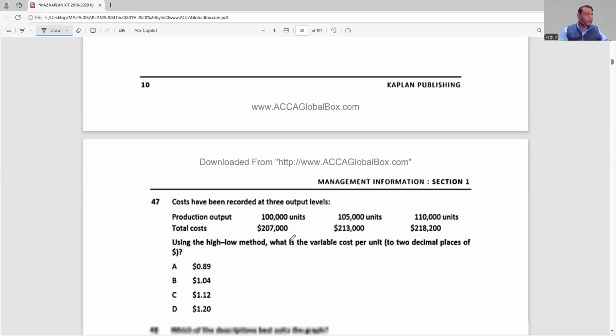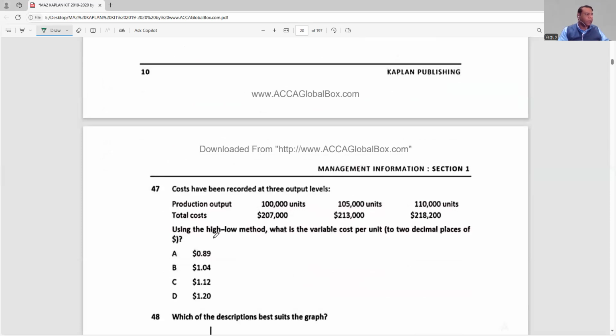Once again, we have high-low method. And what is the variable cost per unit? Only step number 1 is needed. Variable cost per unit is equal to highest activity level is 110,000 and its overheads are 218,200. Lowest activity level is 100,000 and its total cost is 207,000.